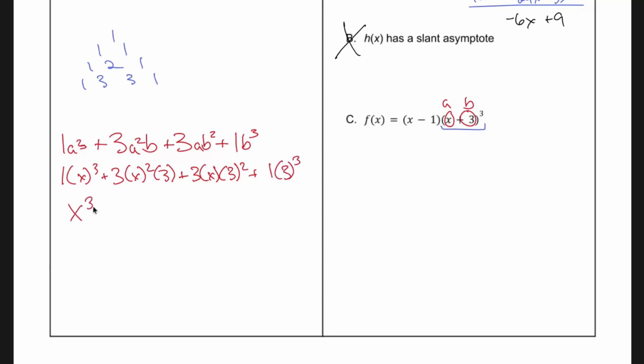So you become x cubed, you become 3 times 3 is 9, 9x squared. You become 27x, and you become 27. Now that's just this part.